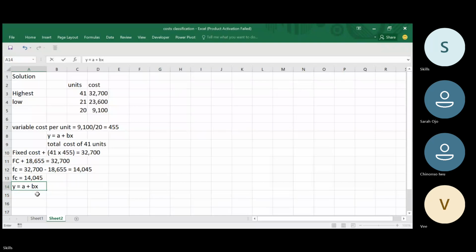The total cost of 32,700 is equal to our fixed cost of 14,045, plus b, which is our variable, and then the per unit, which is 455.